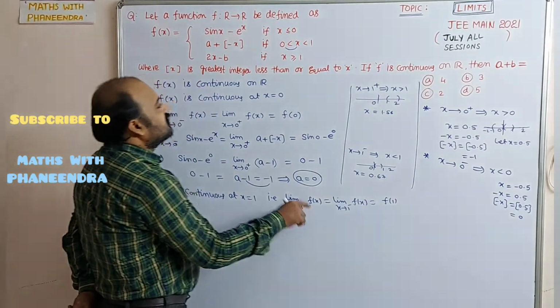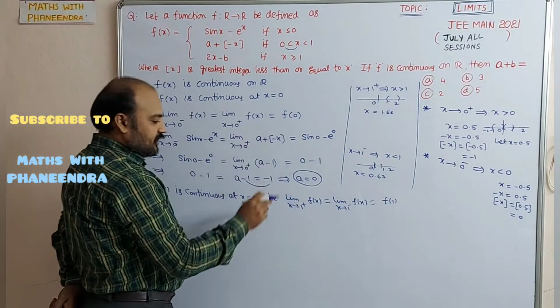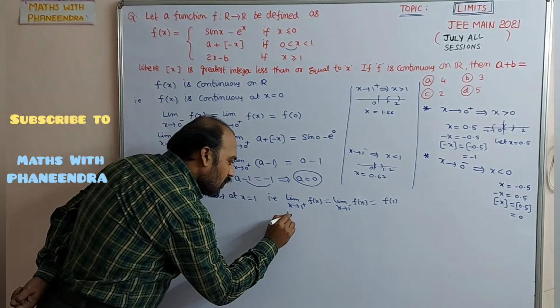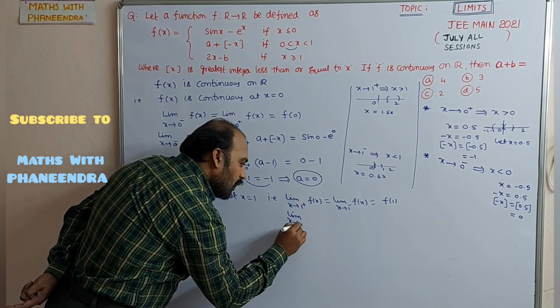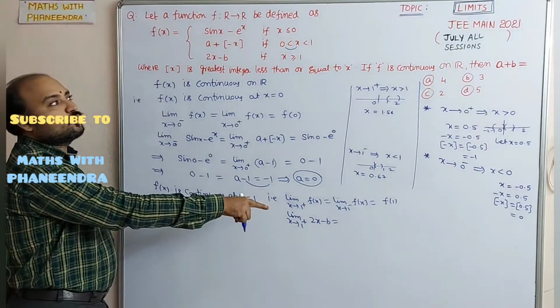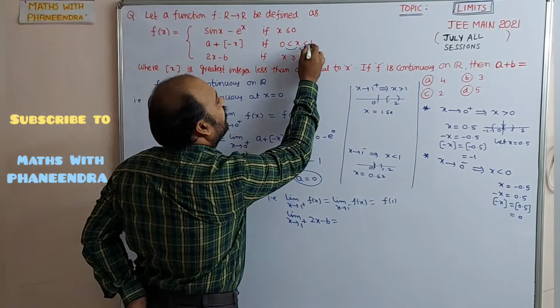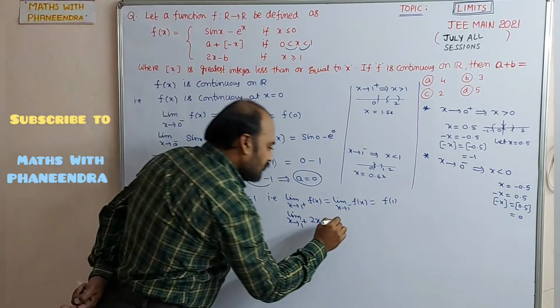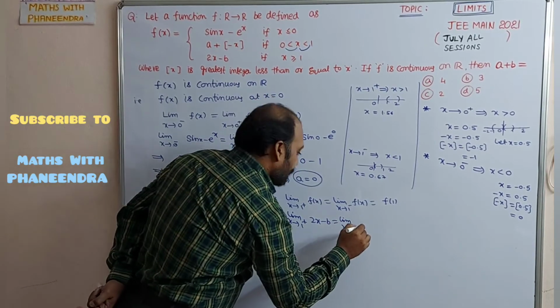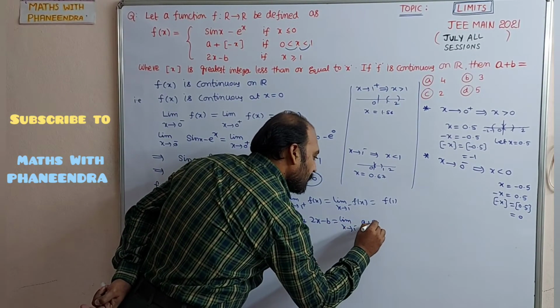For x tends to 1 plus, which function are we going to get here? x is greater than 1, so this function, 2x minus b. So the limit as x tends to 1 plus of 2x minus b. For x tends to 1 minus, x is less than 1 here, so this function you have to consider: the limit as x tends to 1 minus of a plus step of minus x.